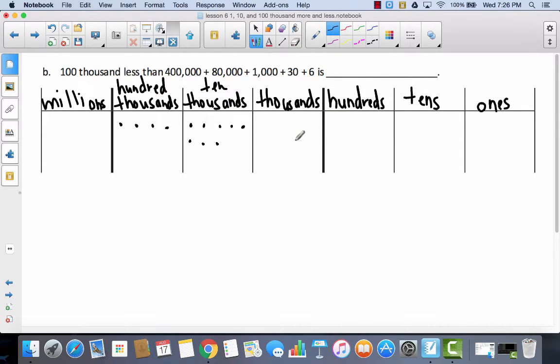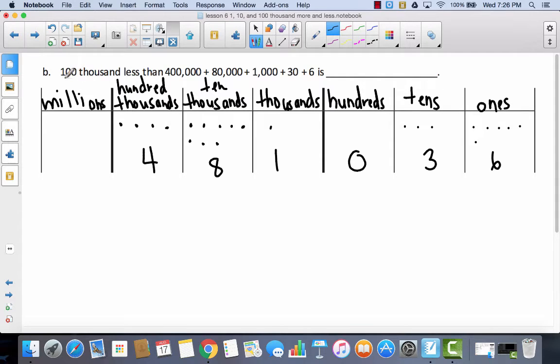That's a lot faster. And then I have 1,000, and 30, so that would be 3 tens plus 6 ones: 1, 2, 3, 4, 5, 6. So now I have 4 in the hundred thousands, 8 in the 10,000s, 1 in the thousands, no hundreds, 3 tens, and 6 ones. That's 400,000 plus 80,000 plus 1,000 plus 30 plus 6.